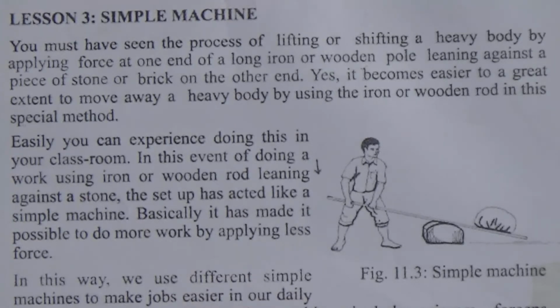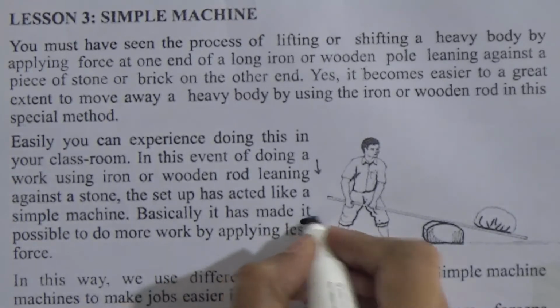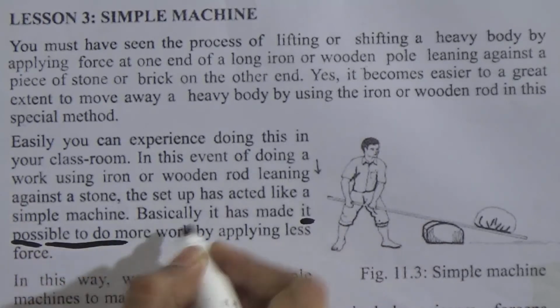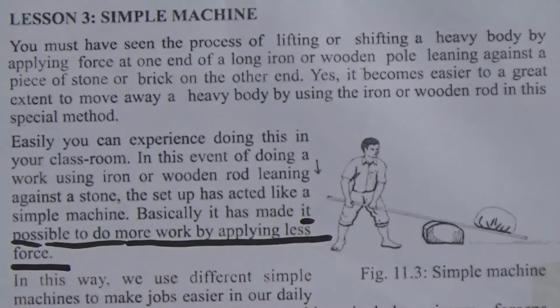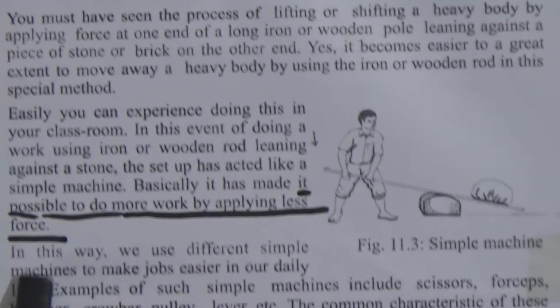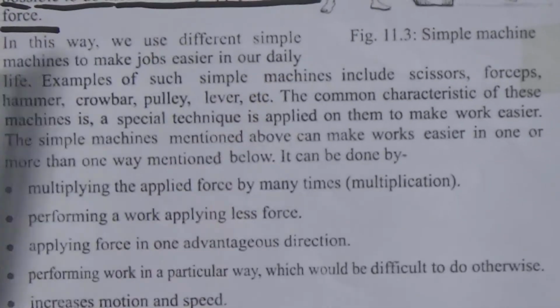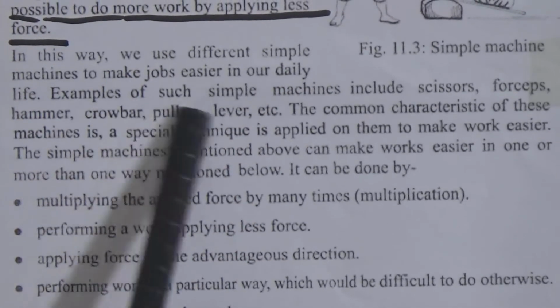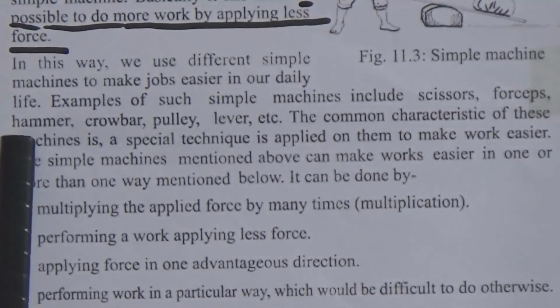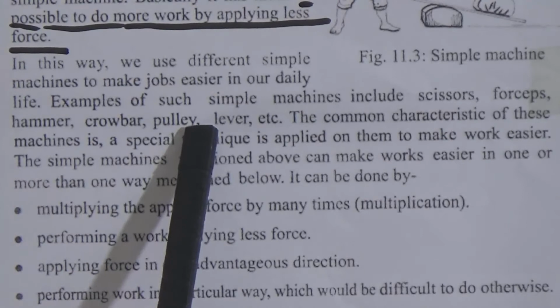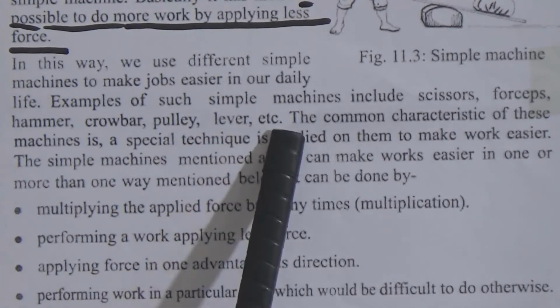Dear students, this line is too important: it makes it possible to do more work by applying less force. In this way, we use different simple machines to make jobs easier in our daily life. Examples of such simple machines include scissor, forceps, hammer, crowbar, pulley, lever, etc.